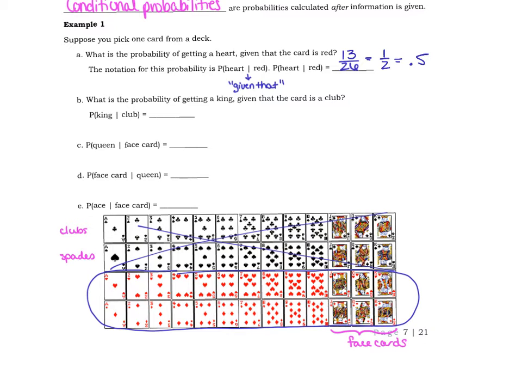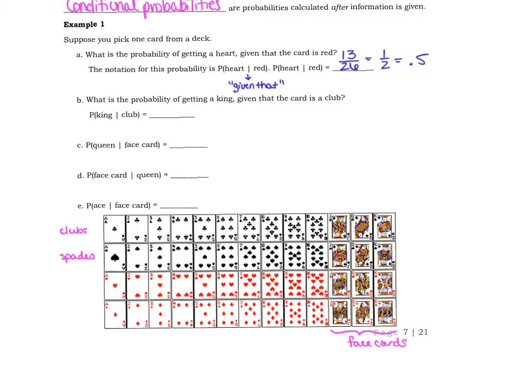So you can kind of see what happens. Instead of a deck of 52, we take it down to what we've been told, like the little hint part. All right, so let's look at another one that will be similar in nature.